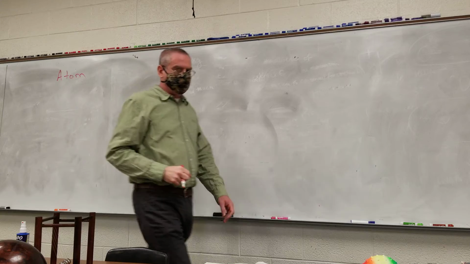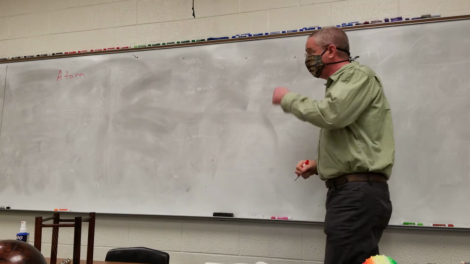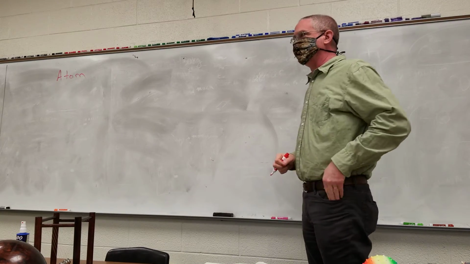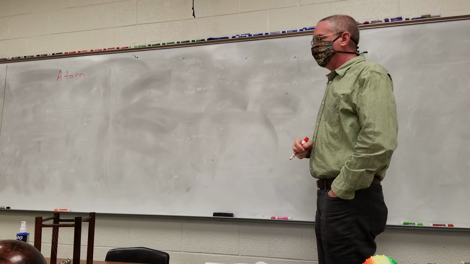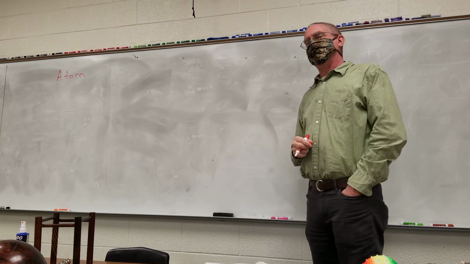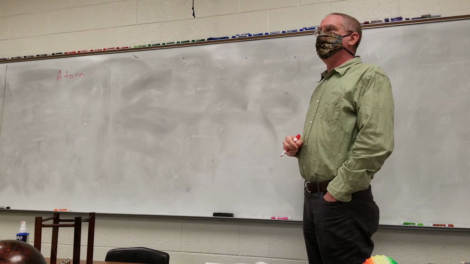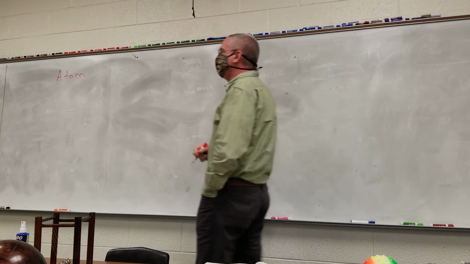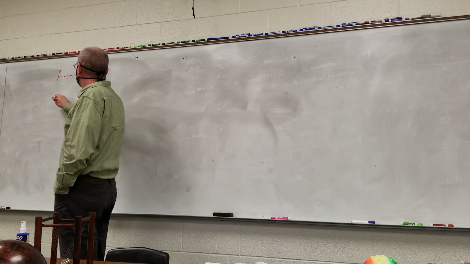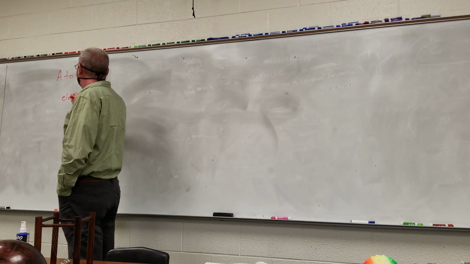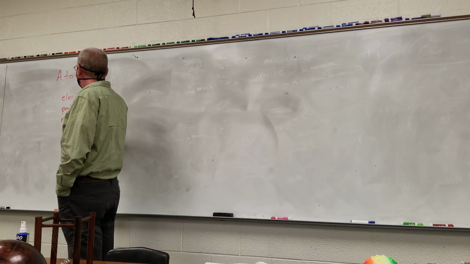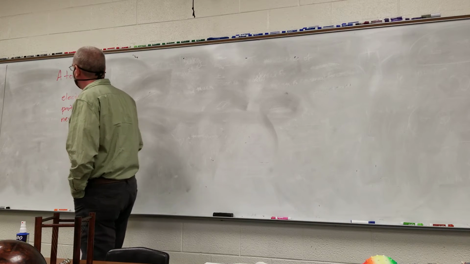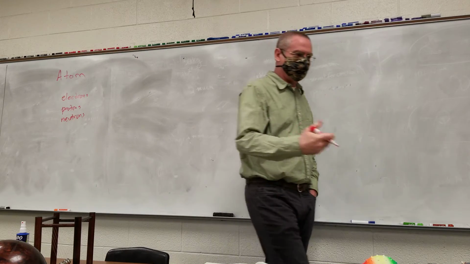All right. So, based upon your previous knowledge, other science classes you've taken, and just general life, what goes into an atom? Those are the three big ones. All right. So electrons. What can you tell me about any of these three things?